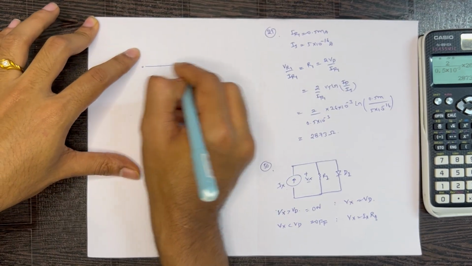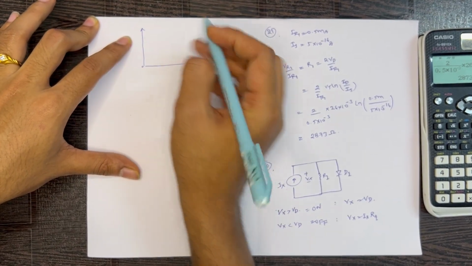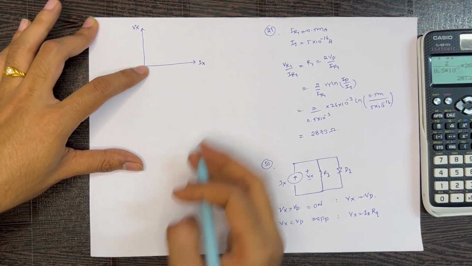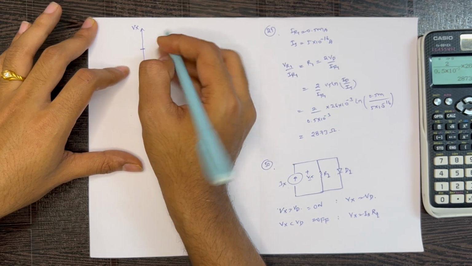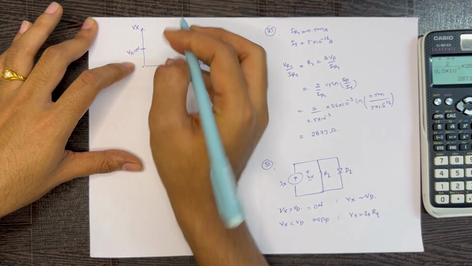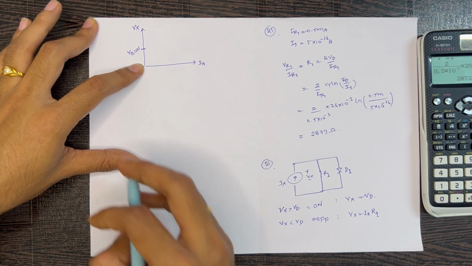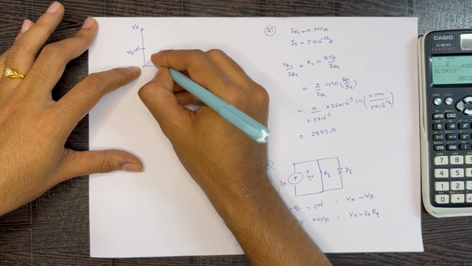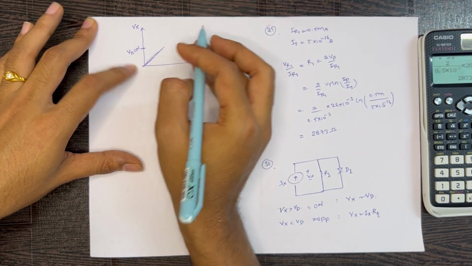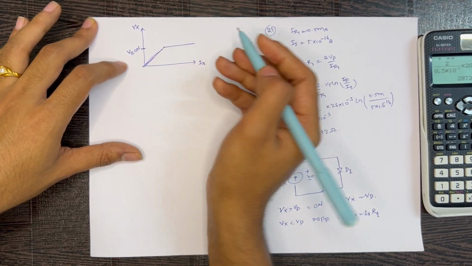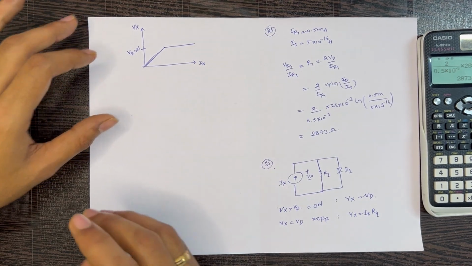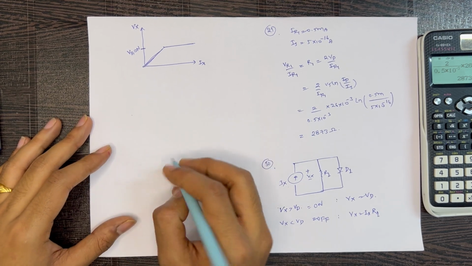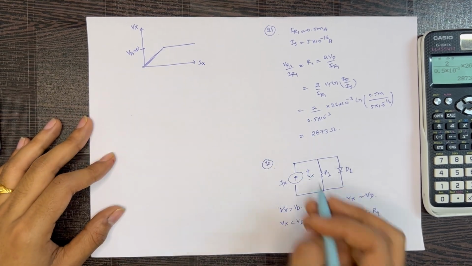So the plot will be this. This is Vd on. So until Vx is less than Vd on, Vx equals Ix Rx. That means it follows a straight line passing through the origin. And then it will be Vd. Yeah. So this is the function of Vx against Ix for a constant voltage model.